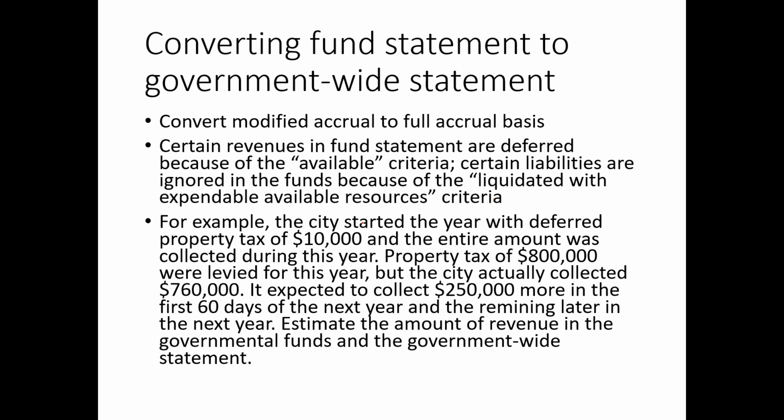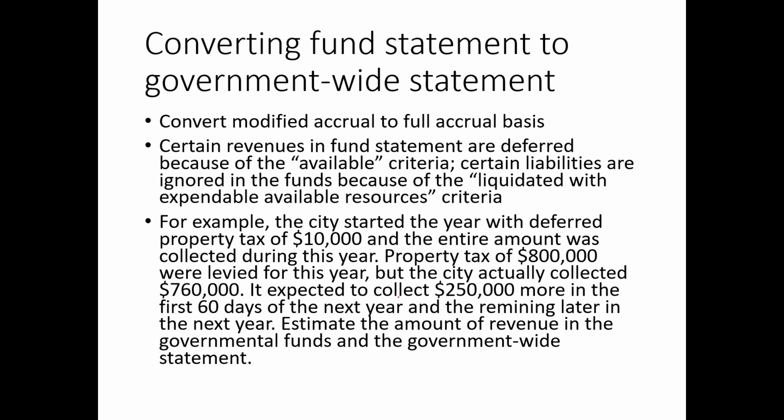For example, the city started the year with a deferred property tax of 10,000, and the entire amount was collected during this year. Property tax of 800,000 was levied for this year, but the city actually collected 760,000.